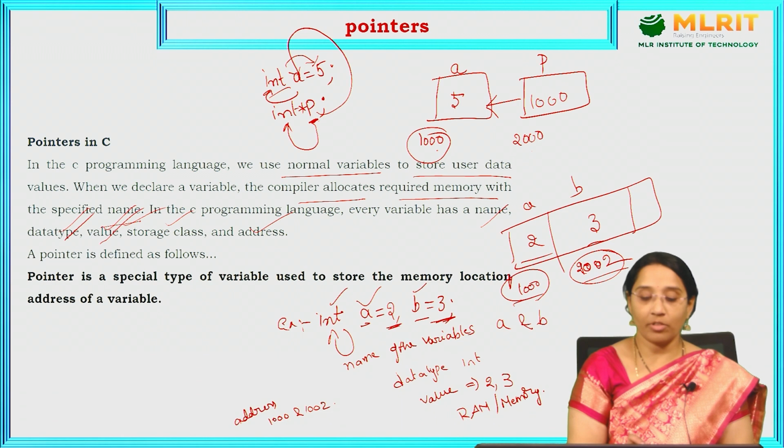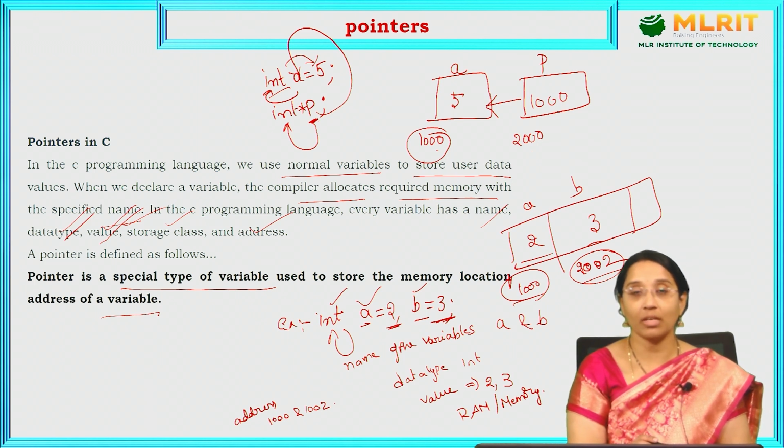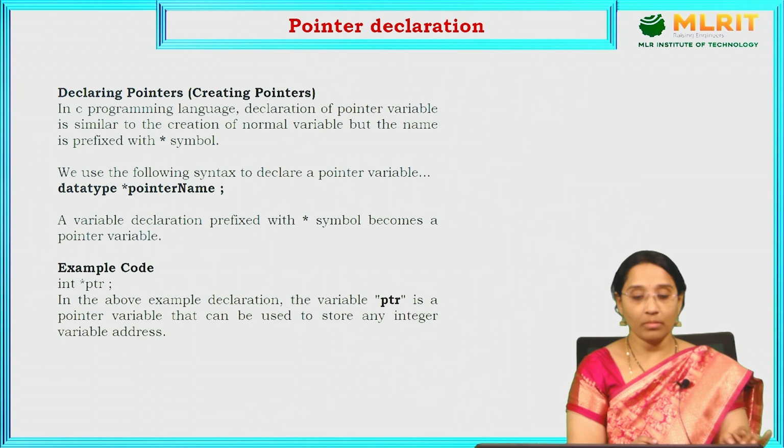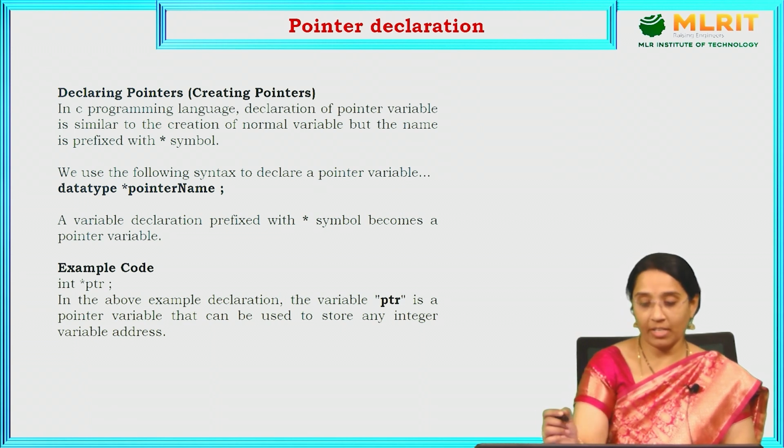So what is the definition of a pointer? A pointer is a special type of variable used to store the memory location address of a variable. So it stores the address of another variable. Declaring pointers: in the C programming language, declaration of a pointer variable is similar to the creation of a normal variable, but it is prefixed with the asterisk symbol.